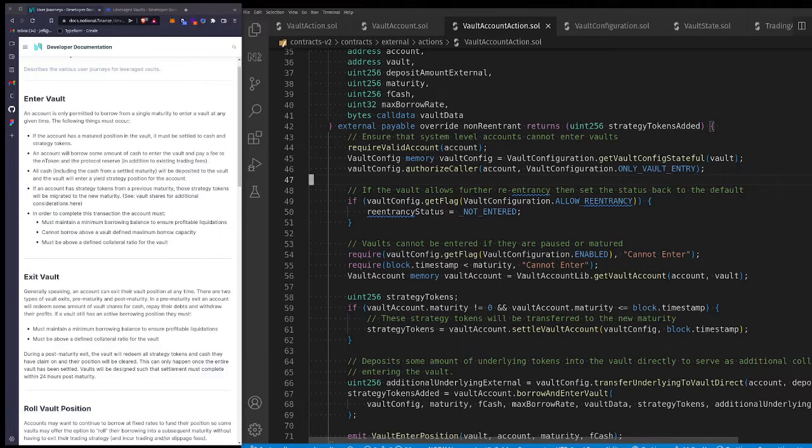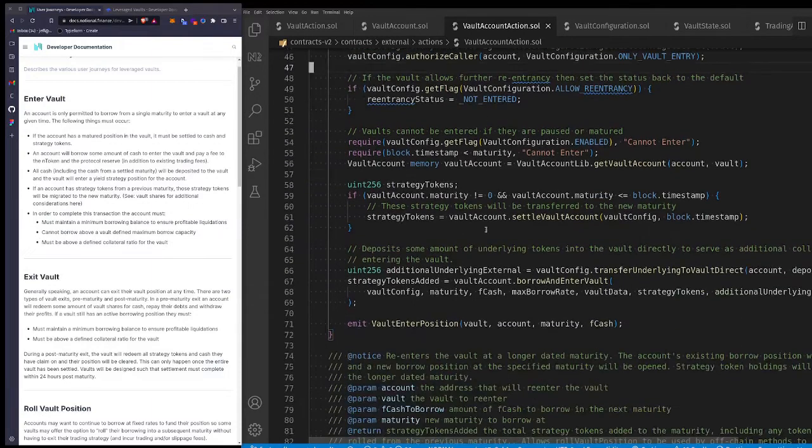So that's something that's checked here. There's a condition that some vaults may allow reentrancy. This is a configuration variable that's only going to be activated for a handful of vaults that need to lend on Notional. Most vaults will probably be pursuing yield strategies outside of the Notional system.